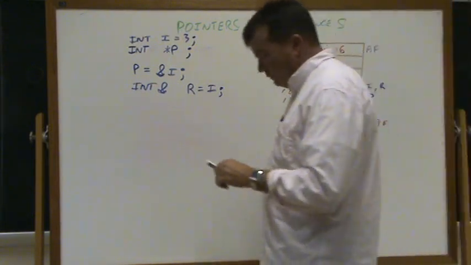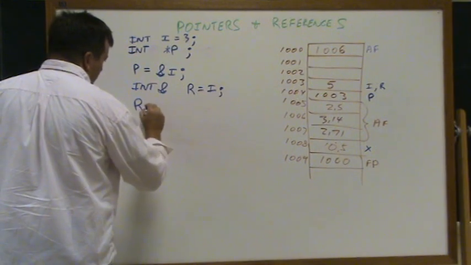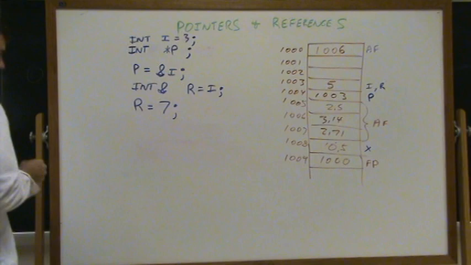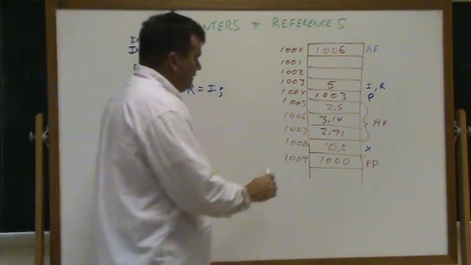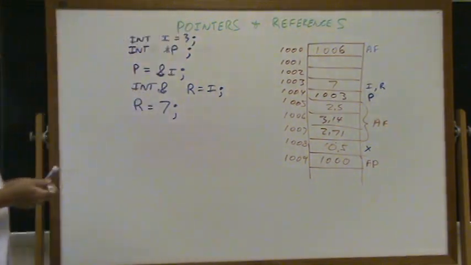So now, if we said R equals 7, then this would happen. R is just another name. R is now a reference to some piece of storage, but the R will never move around.